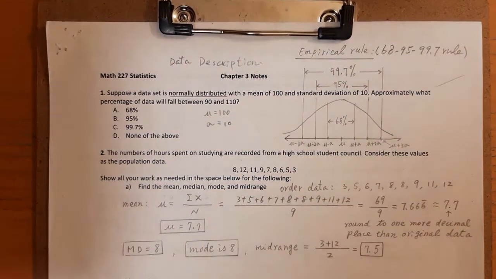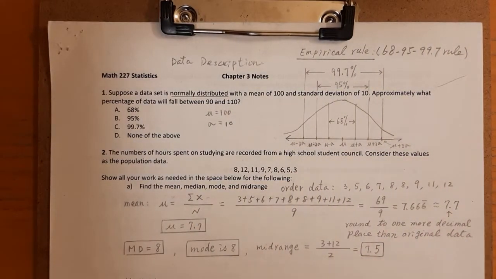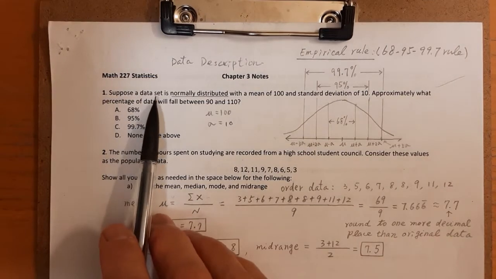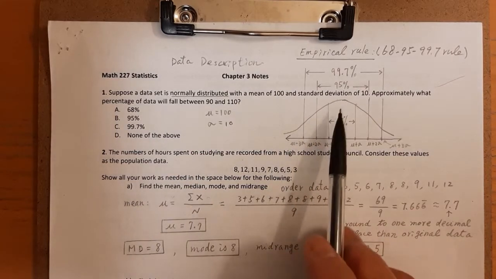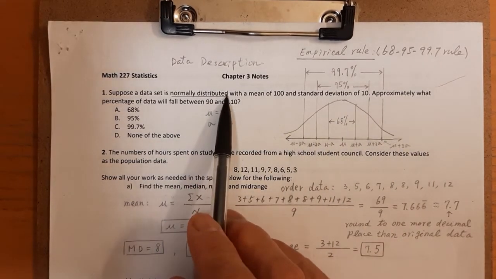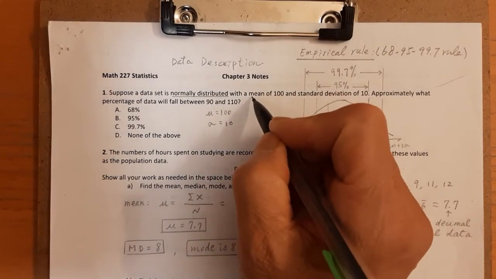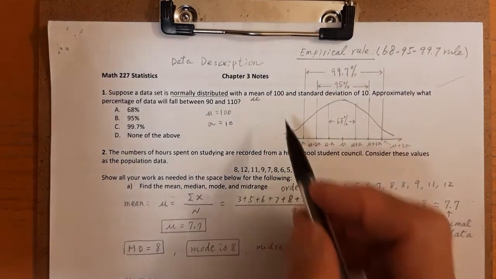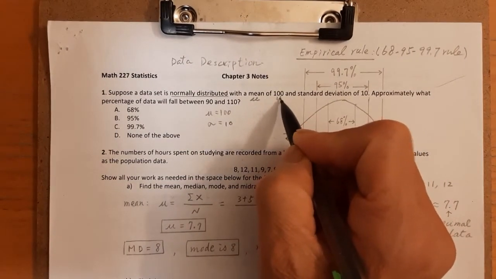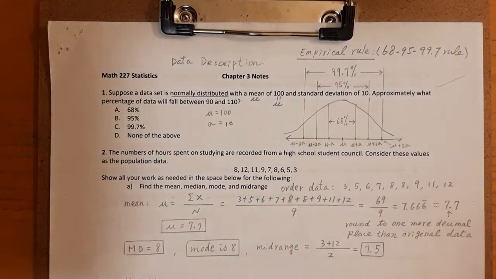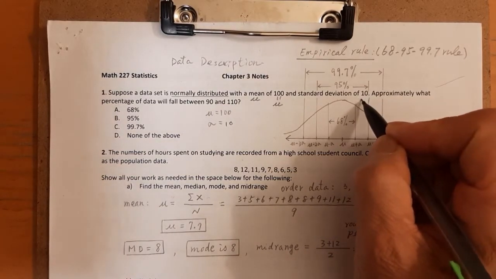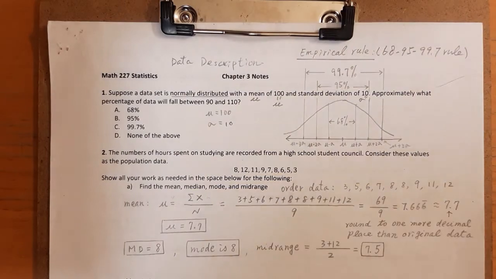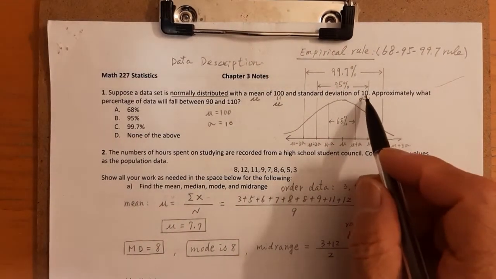So, according to this empirical rule, suppose a data set is normally distributed, symmetric to the center, bell-shaped, with a mean, represented by mu, of 100, and a standard deviation, represented by sigma, of 10.